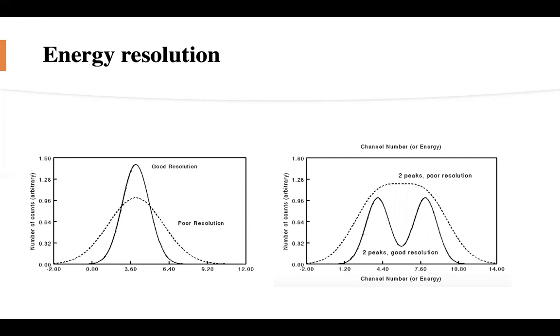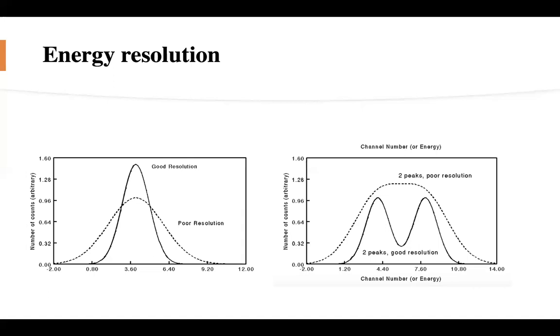When the pulse, or peak, of this radiation interaction event is wide, that means the resolution of the detector is really poor. The figure on the right tells us that if the detector has poor resolution, you will lose some useful information. You can see the dashed peak is wide, so we lost the information about the two energies under this peak.